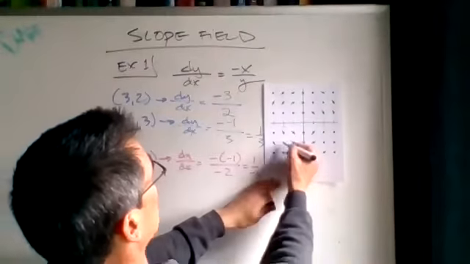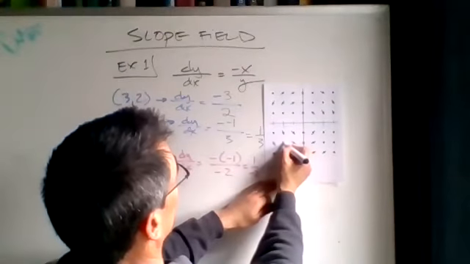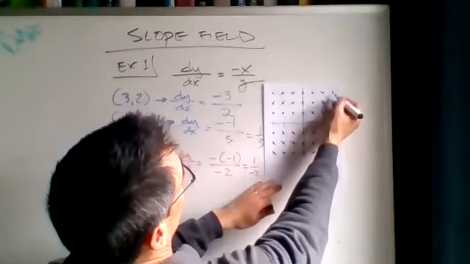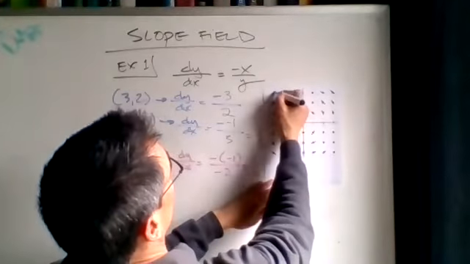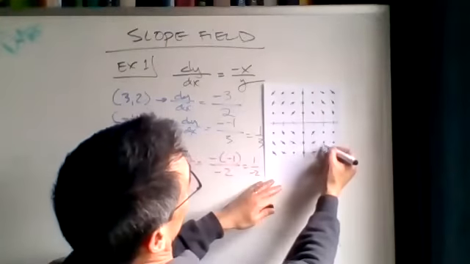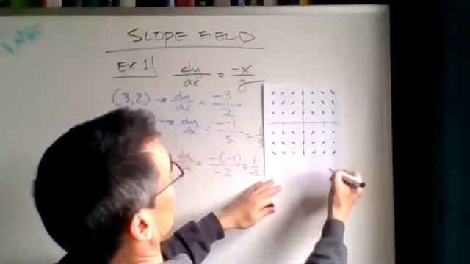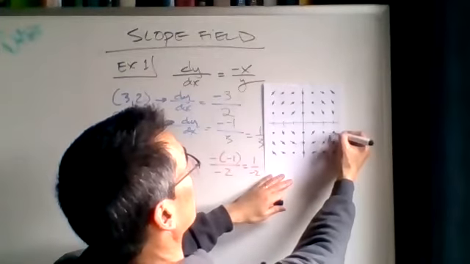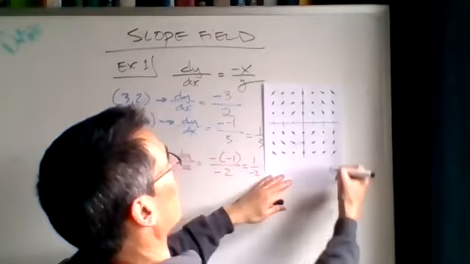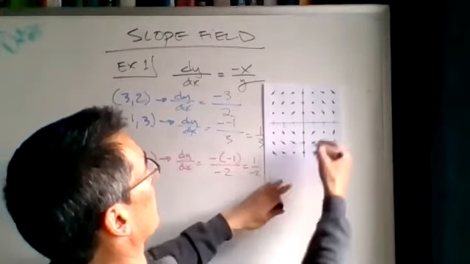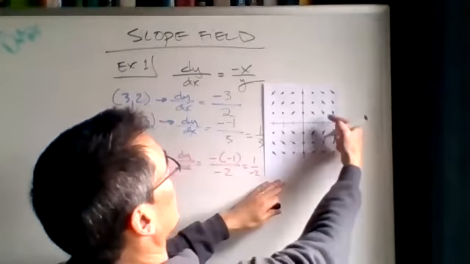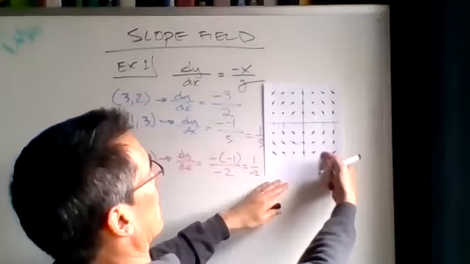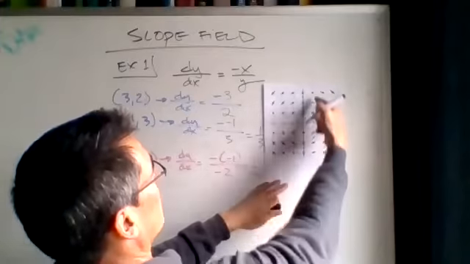This one has some symmetry to it, right? These will have the same slope up and down, except opposite in sign. I think that's true with all these.